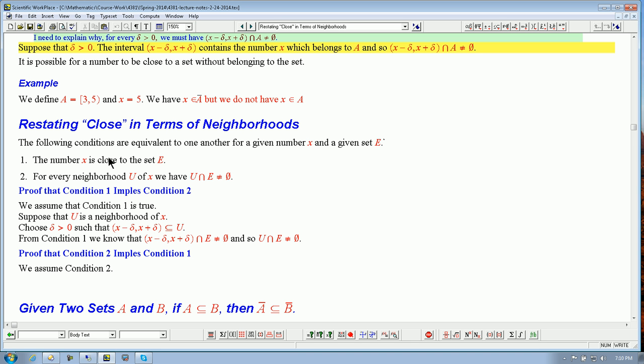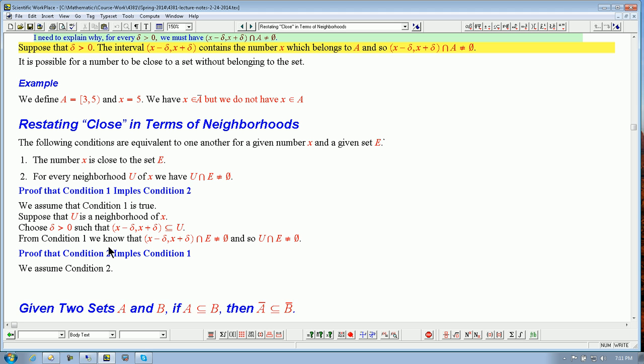Condition 1 says, for every, look at condition 1, the definition of close. For every delta greater than 0.